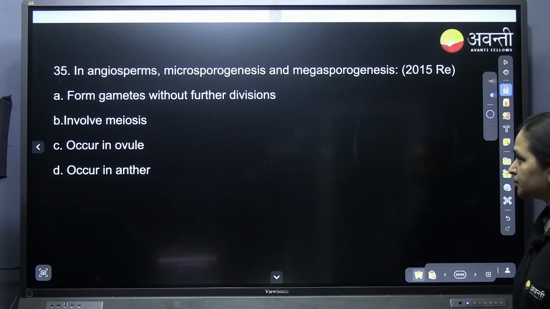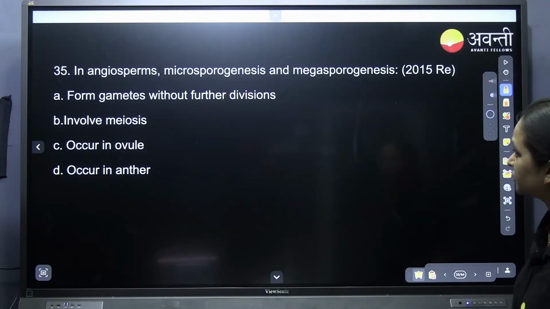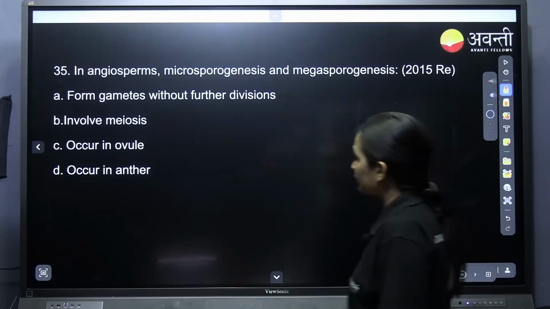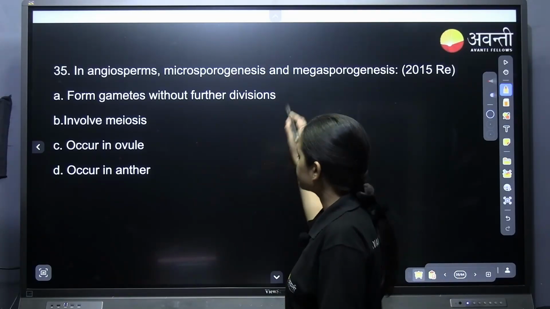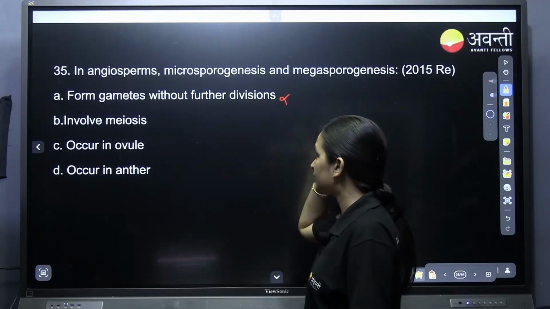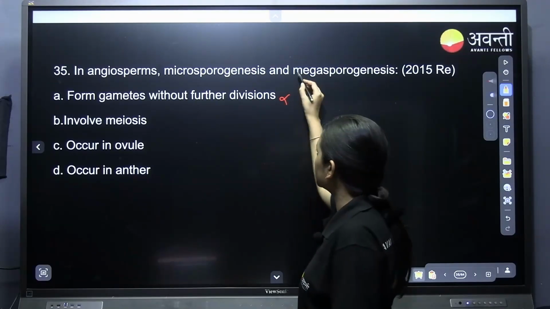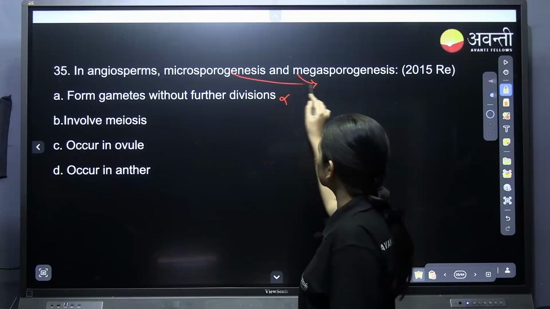In angiosperms, microsporogenesis and megasporogenesis form gametes without further division. Without division, how? They both undergo meiosis, right?